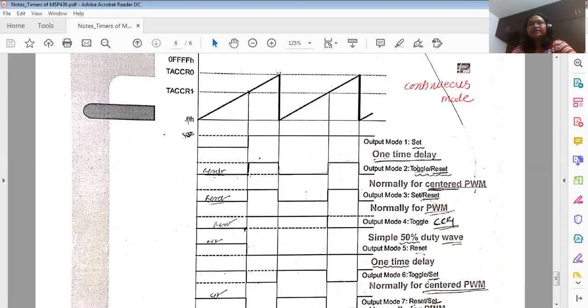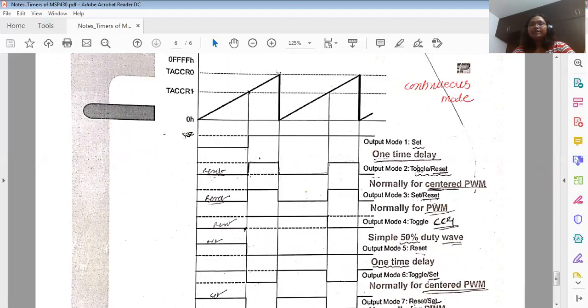This indicates the TAR value. When the TAR value is incremented with the arrival of every clock pulse of your timer, and when it reaches the CCR1 value, the output will be set, and it will be kept set all the time. So this is the set mode, and this is not used for pulse width modulation.